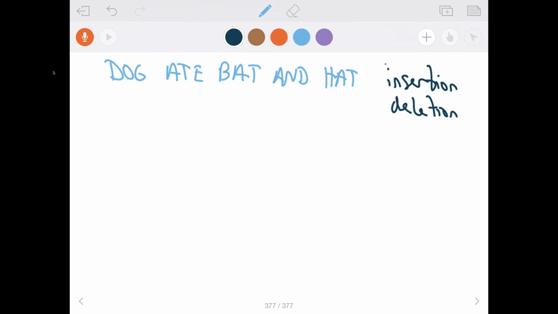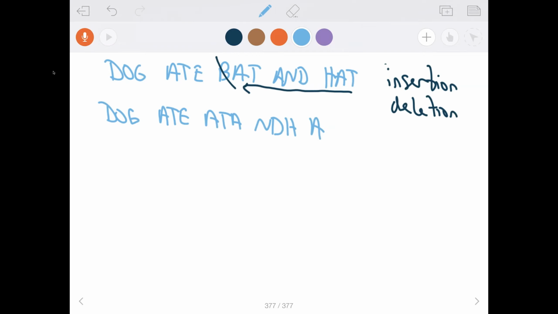So let's change that, right? So let's say this B gets eliminated. Now everything on the right shifts to the left one spot. So now the way we read the sequence is dog ate ATANDHAT.